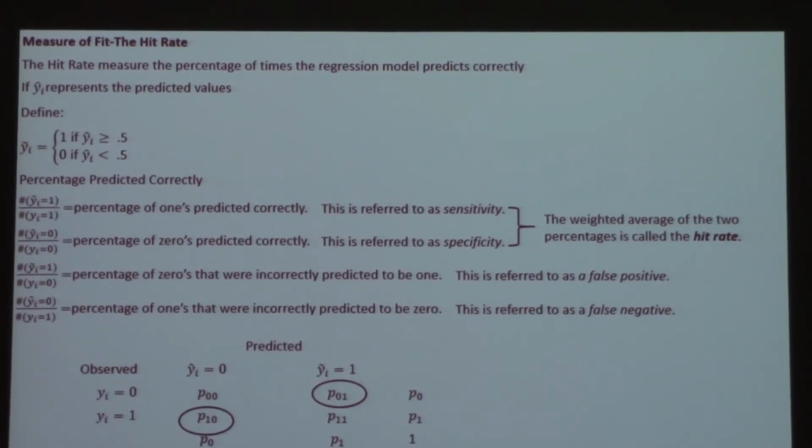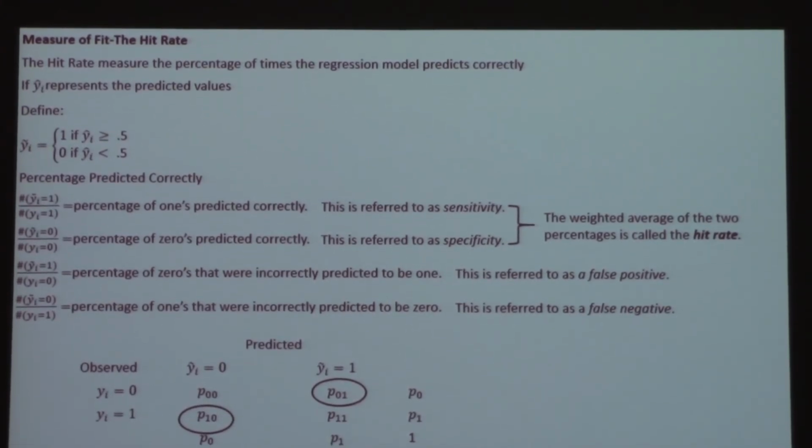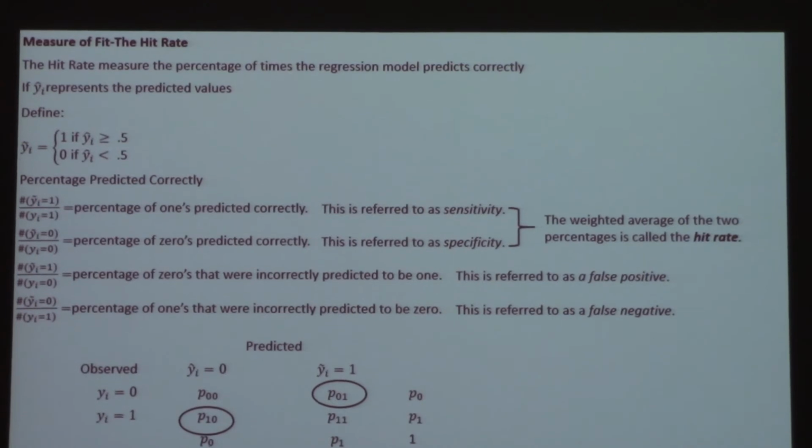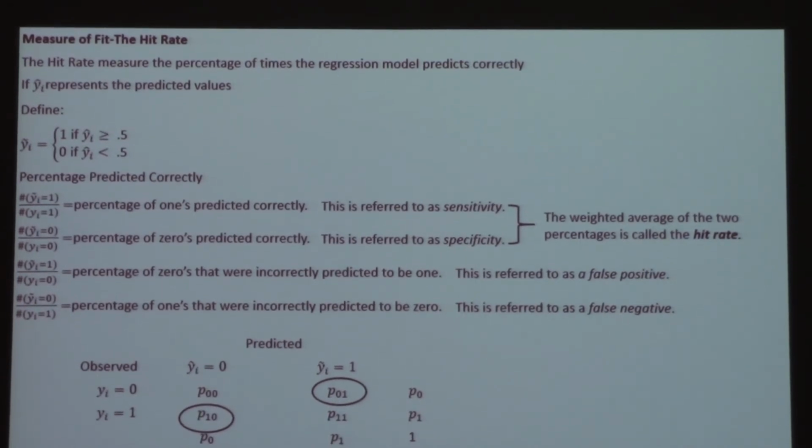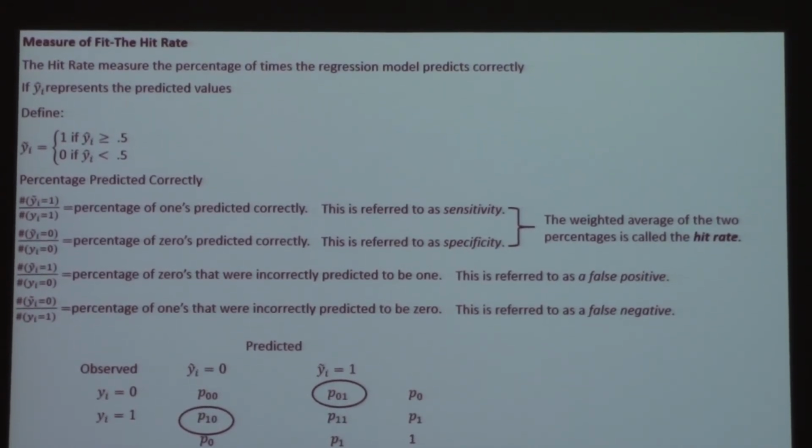So usually we like to construct a table like this so that we can answer, basically, any of these questions. How many people that bought were correctly predicted to buy? So these are a lot better than the pseudo R-squared, which gives us, again, some number. Higher numbers better than a lower number.